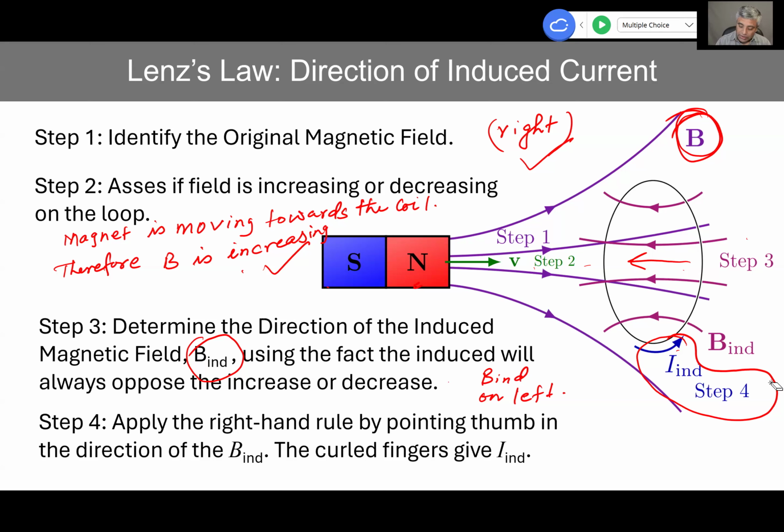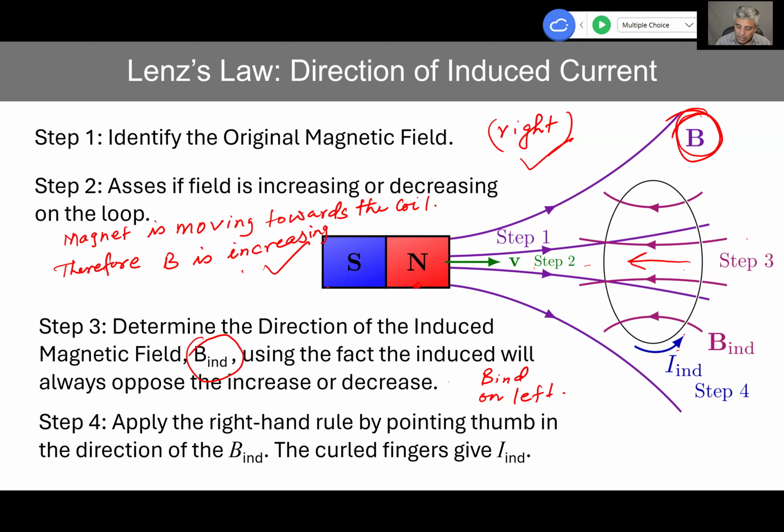So in this case, when I wrap my fingers like this around the coil, they have to go like that when the thumb is pointing this way. So that means the current is circulating that way, and that is the direction of the current. How about the direction of EMF?